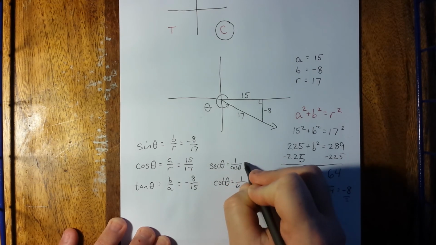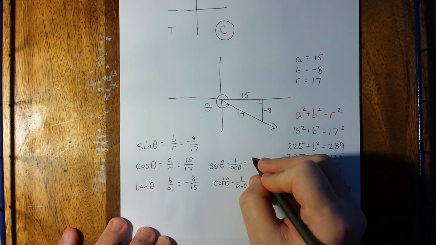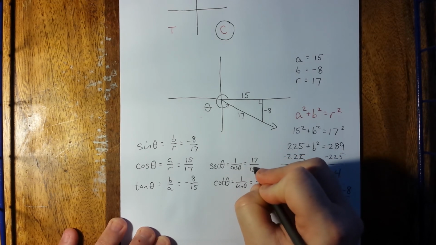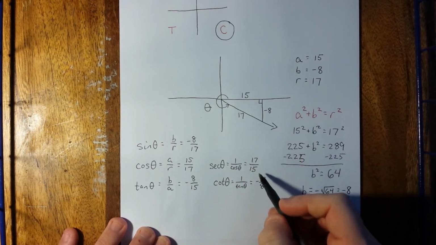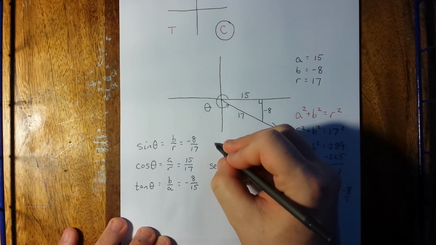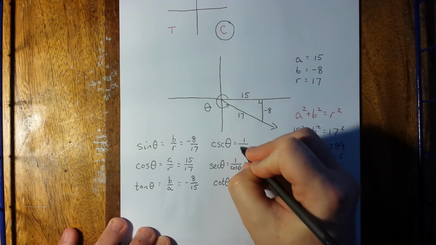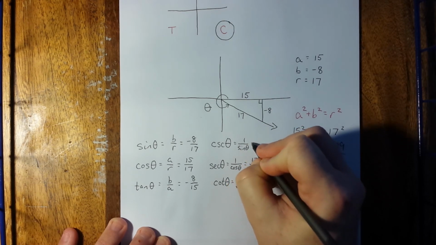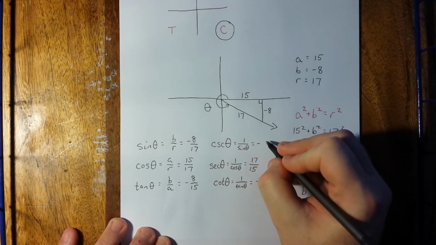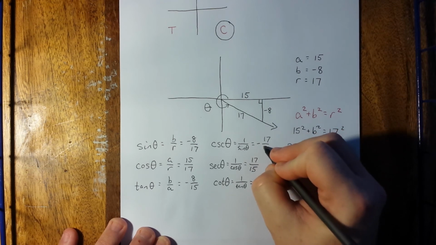So we didn't actually have to do any work in this problem to get this, because we were already given the value of the cosine. That's going to be 17 over 15. And then finally the reciprocal of the sine is the cosecant. Reciprocal of that is going to be negative 17 over 8.